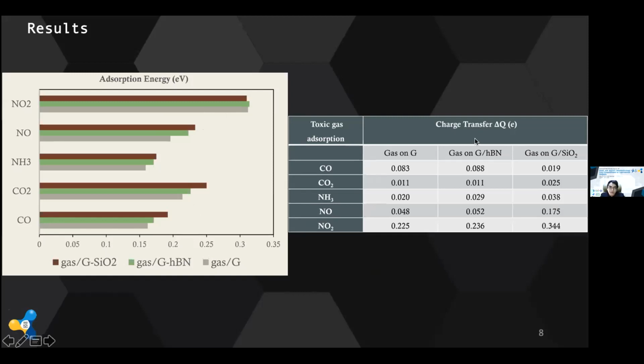And for the charge transfer result, it shows that all toxic gases act as electron donors on graphene-based substrates. In general, by introducing different substrates like hexagonal boron nitride or silicon dioxide, there is an enhancement in sensitivity of graphene-based gas sensing materials.